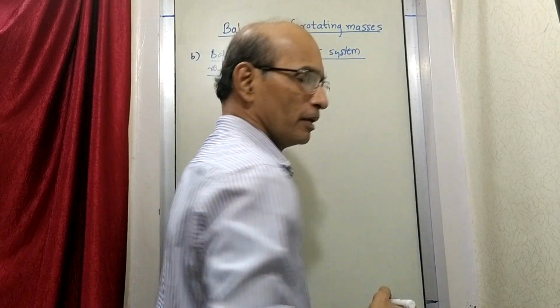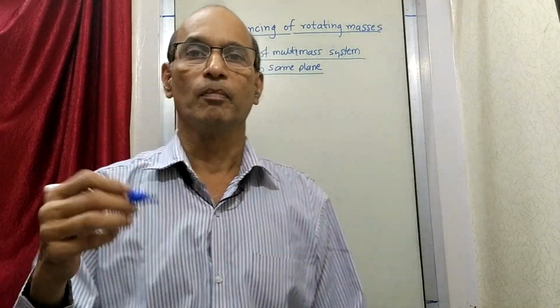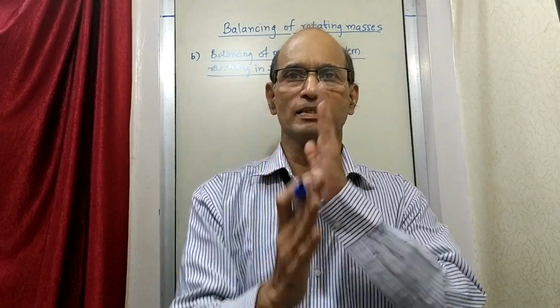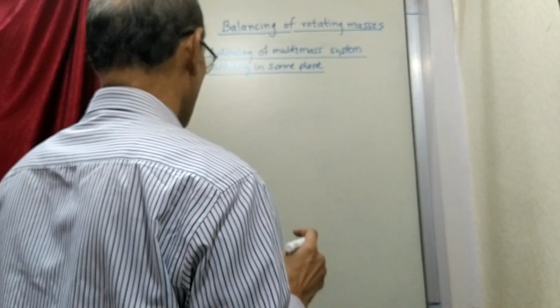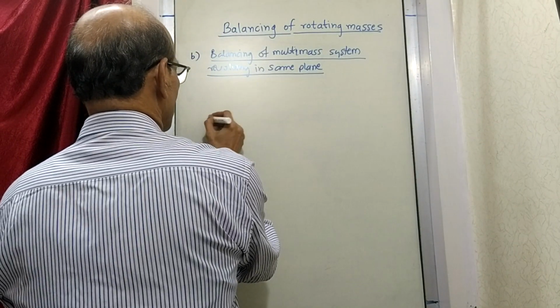So now instead of one mass, there are going to be multiple masses, but all the masses are in the same plane. What happens in such a case? So we'll see that.